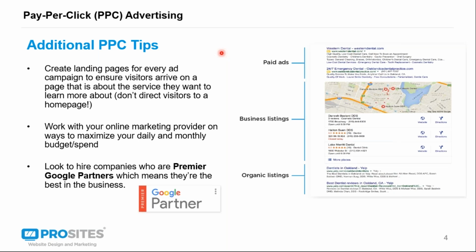And ideally, there should not be any crossover between content, the ads, the pages, and the keywords that you are targeting within those campaigns. So you can work with your online marketing provider in ways to maximize your daily and budget spend. This is going to require a little bit of analysis and math.